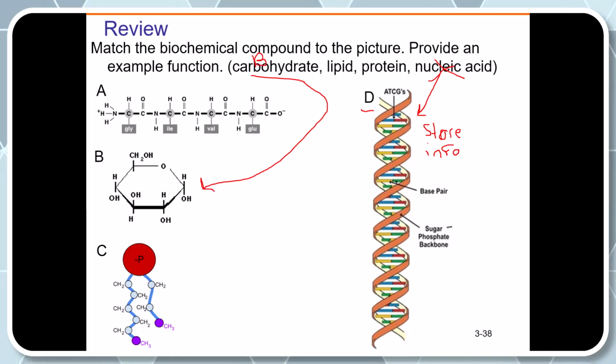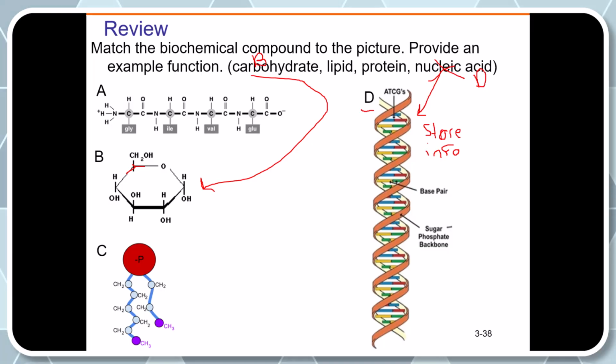So carbohydrates B, our nucleic acid was D. You might be like, well, I tried to count the carbon and hydrogens to get the 1 to 2 to 1 ratio, but in this kind of drawing, everywhere the lines intersect, there's a carbon assumed there. So that makes that a little trickier to count to your 1 to 2 to 1 ratio of carbon, hydrogen, and oxygen. But this is a carbohydrate. Carbohydrates are good for structure, and they're good for energy storage, like more short-term energy storage.